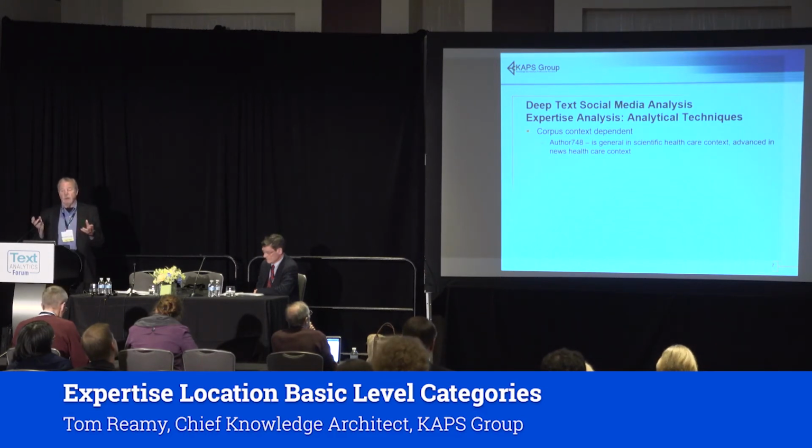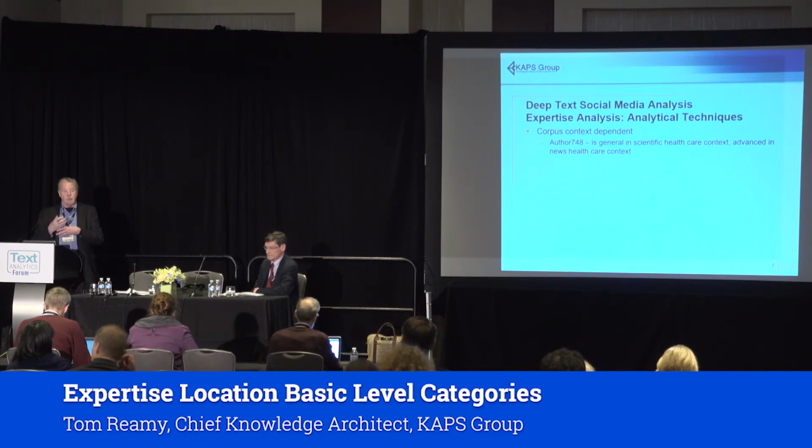Whereas if you've got a general healthcare set of documents that someone has authored, then that person might be an expert in relation to a general set of documents, but not necessarily an expert in relation to a set of very highly scientific documents. So when you're trying to build an expertise profile, how expert is this person, it's very, very corpus context dependent.